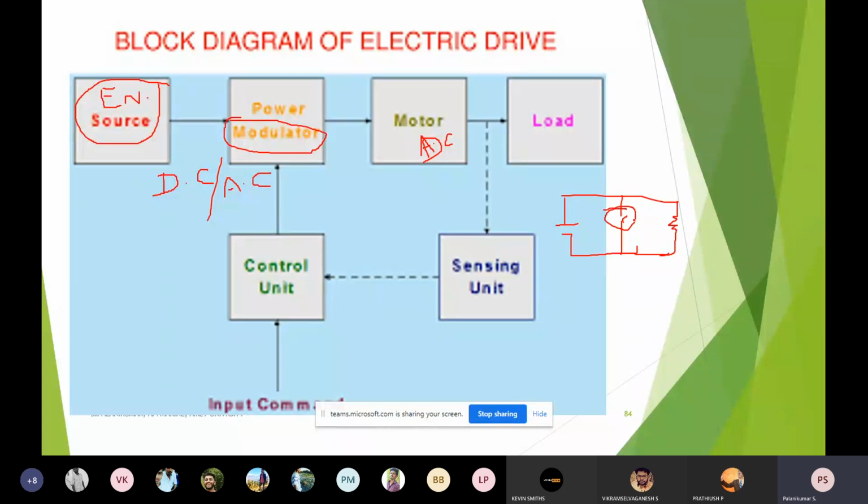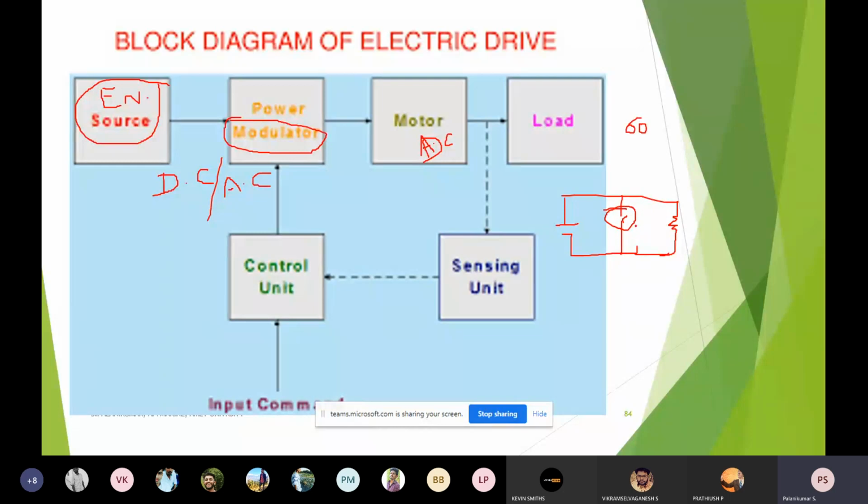If I have to operate this switch 60 times per second, with a frequency of 60, that means 60 times in a second I have to make on and off beats. That is absolutely not possible with any mechanical switch. That is why here I am going for an electronic switch.